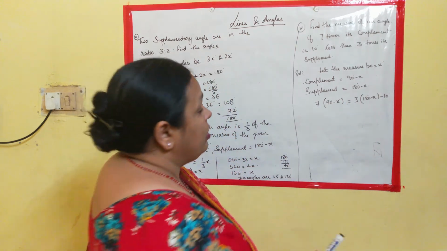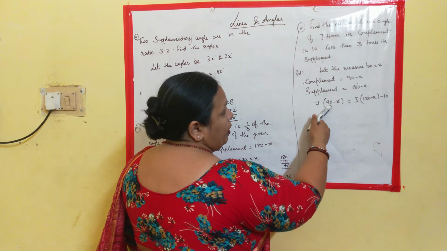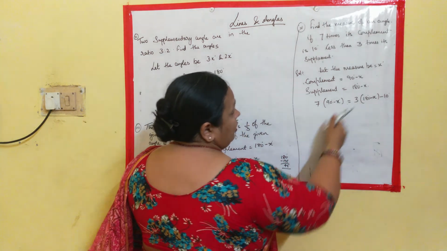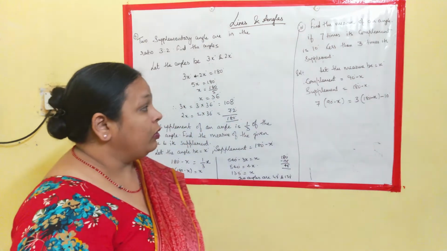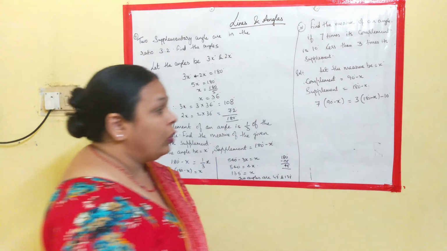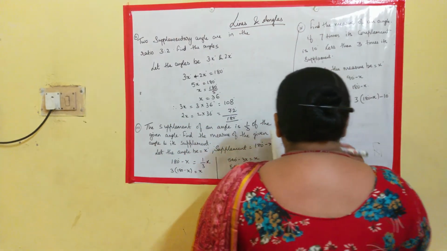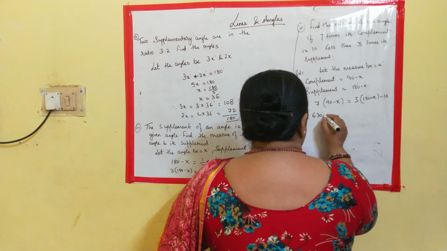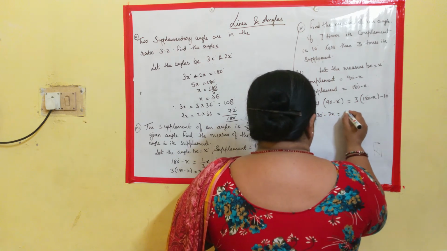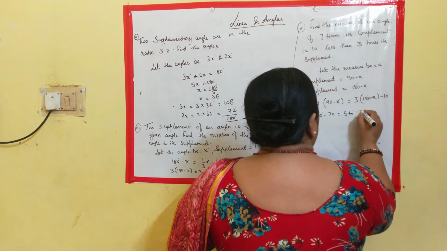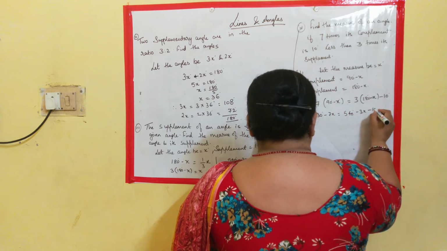Now on solving this equation, we have found the supplement, we have multiplied it. Now on further solving, we get 7 into 90 is nothing but 630 minus 7x is equal to 540 minus 3x minus 10.